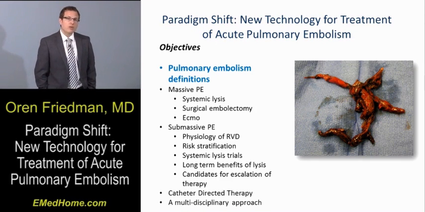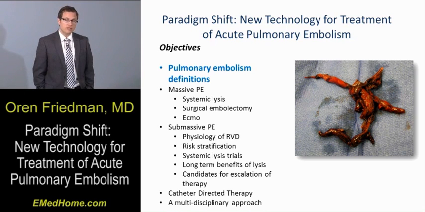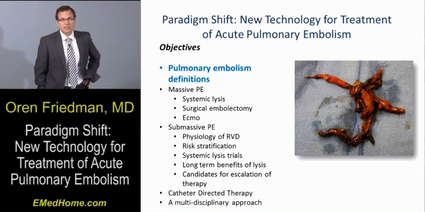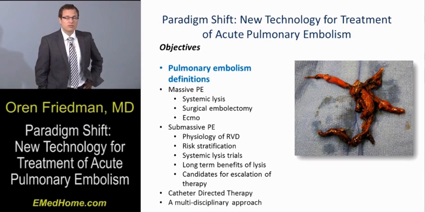Now, I also went into quite a bit of detail about what catheter-directed therapy involves. And in many centers, it does involve mechanical clot disruption, such as maceration, aspiration. In our center, we think that the best role for catheter-directed therapy is the installation of infusion catheters directly into the clot that allows us to instill thrombolytics at a lower total dose.